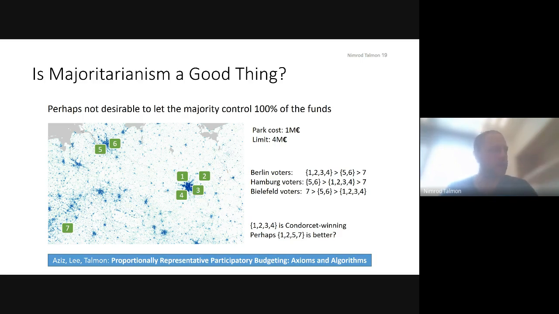And I think that in the setting of participatory budgeting, at least as it is applied in cities, this is not very desirable, because it means that all of the population of the city will pay taxes to the city, but the city will use these taxes only to fund projects in one of the neighborhoods. And this is a consequence of the majoritarian way in which this utilitarian approach works, and also this Condorcet approach works.